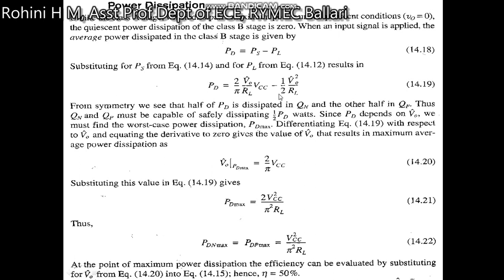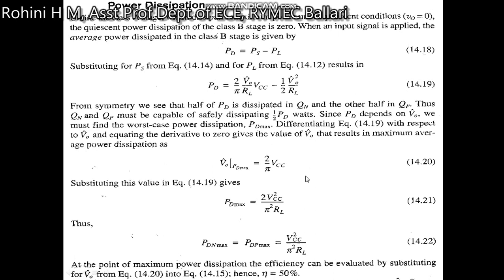Evaluating that, we find that the maximum power dissipation occurs when V out is 2/pi times VCC.